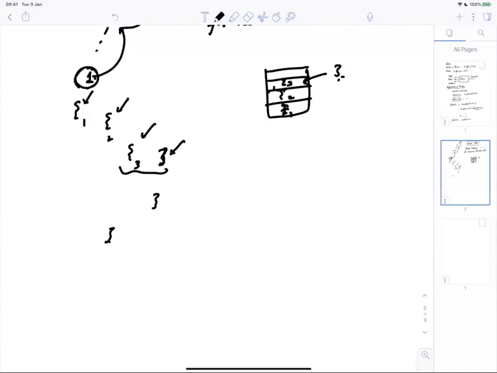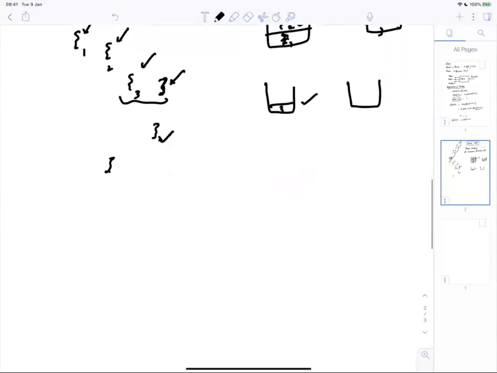Then I see the next one, I pop this off the stack. Once I pop this off, what do I have? I have these two. Then when I see the next right bracket, I pop the next element out of the stack. Then when I see the last one, I pop the last element out of the stack. So the stack becomes empty if there are balanced parentheses.